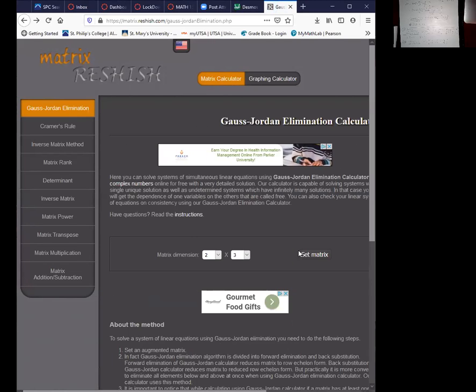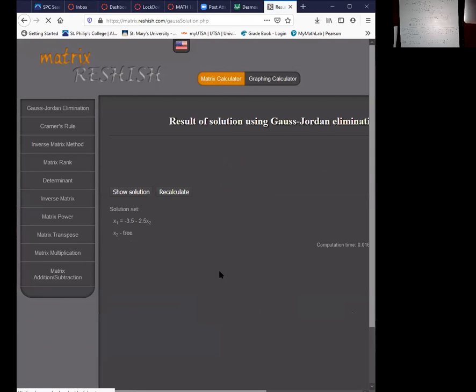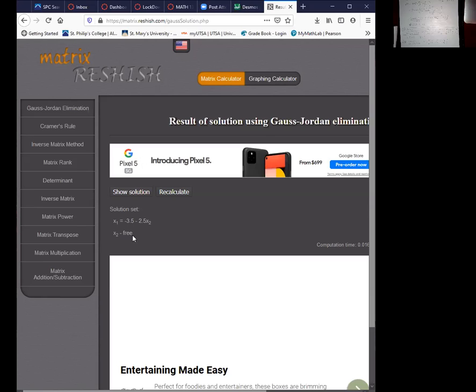So we still have a 2 by 3, so let's set the matrix: 2, 5, -7, -6, -15, 21. See how they put x2 is free? That's our y value. So y can be anything, that's what this means. But they write x1, rather than x.